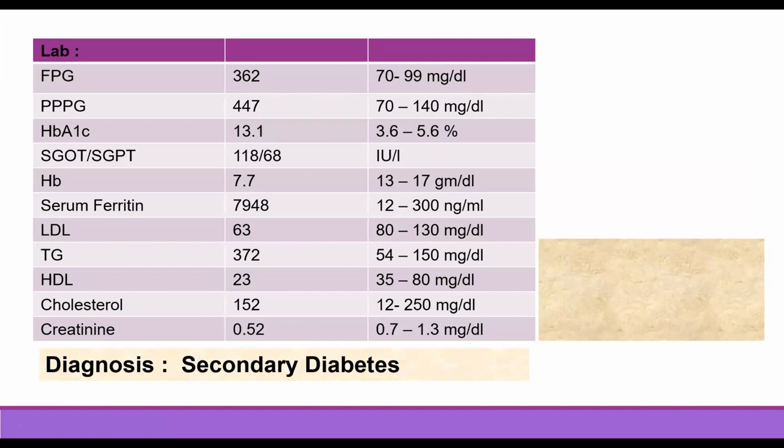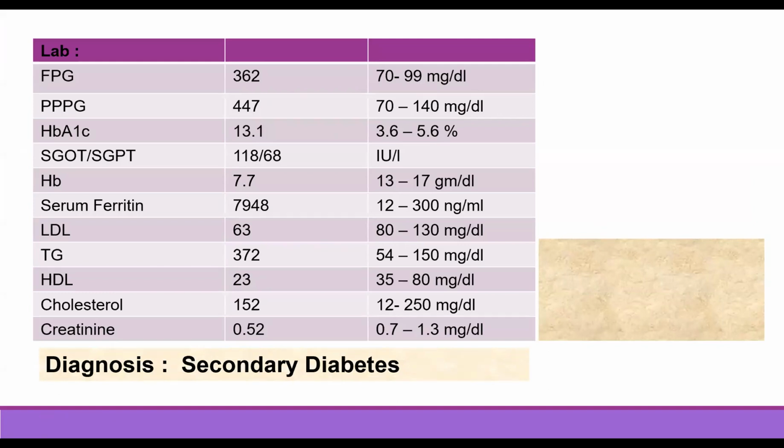This patient basically had secondary diabetes. When you have thalassemia, these patients are at risk of developing iron overload disease. Once there is iron overload, it may affect many endocrine organs, including the pancreas. When it involves the pancreas, there is a possibility of both endocrine and exocrine pancreatic problems.